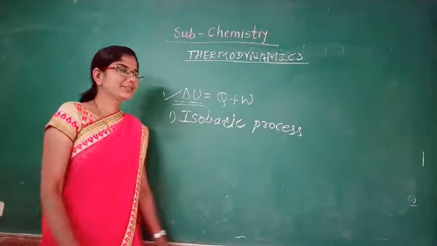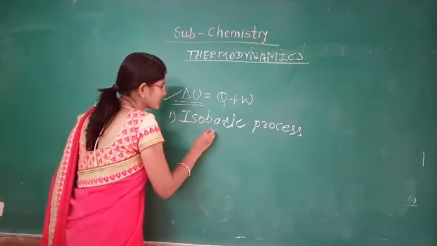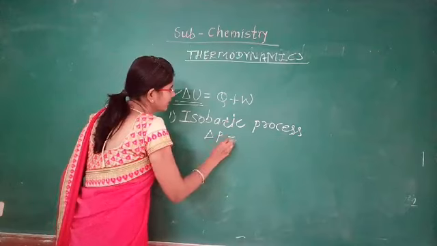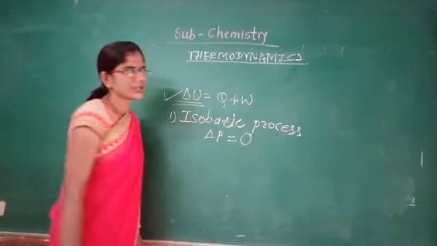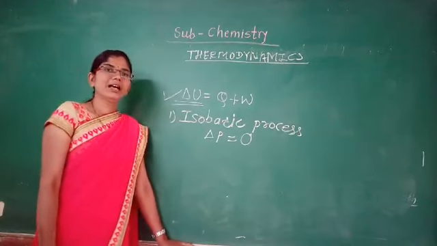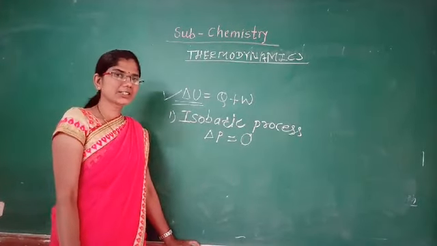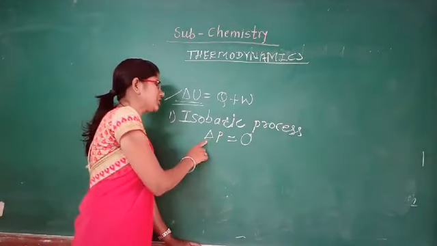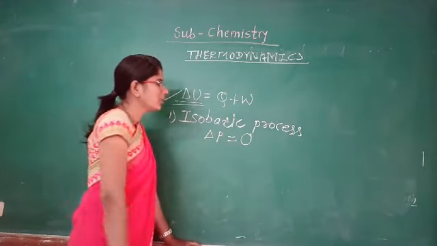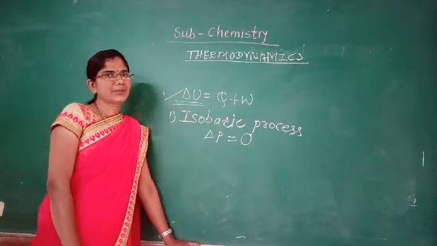And if the pressure remains constant, then the change in pressure is equal to 0. That means before and after the reaction, the pressure remains constant. That means the change in pressure is equal to 0 for the isobaric process.